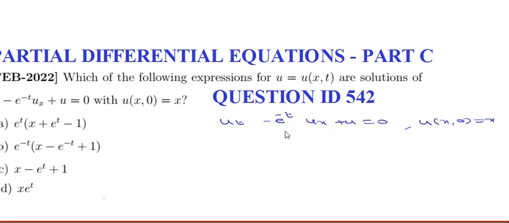Now, this is a Cauchy equation. So we rewrite u_t minus e power minus t u_x equal to minus u.